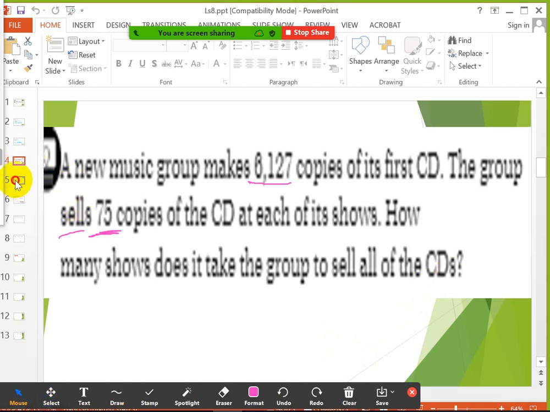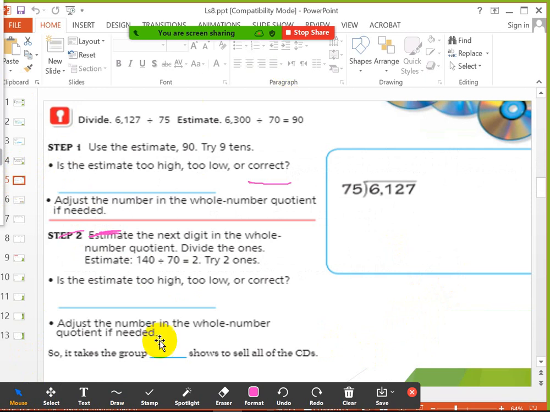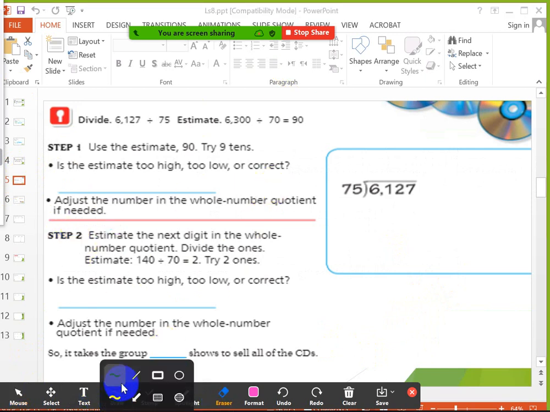So let's divide together. I think the division will be very easy for you, because we do a lot of exercises. Now we will start our division. Look, the first step, the estimation, was 90.